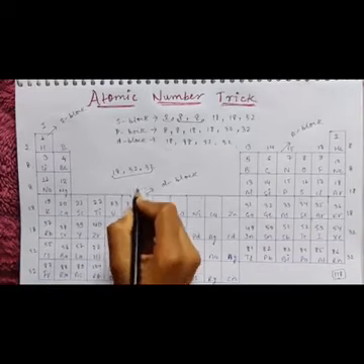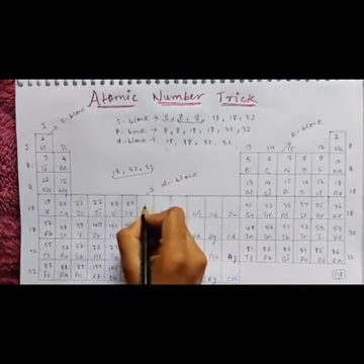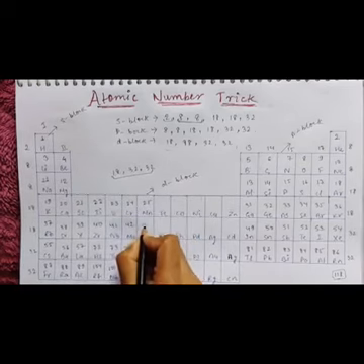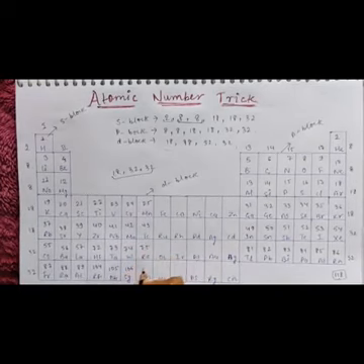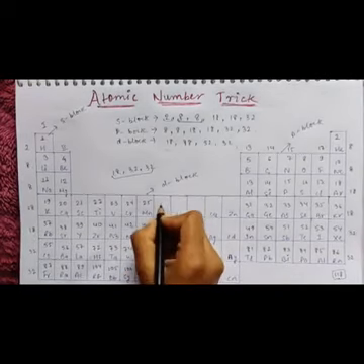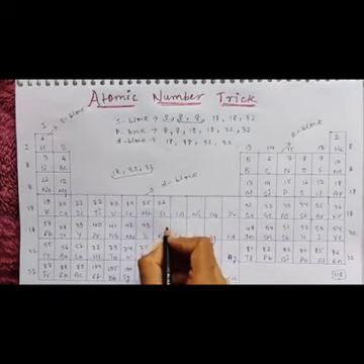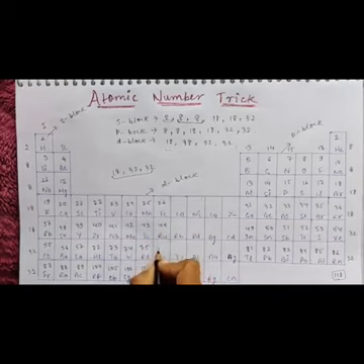And D block elements start from 3B. Don't confuse here. P block elements are the 3A, starting from 3A to 8A. But D block elements are 3B, 4B, 5B, 6B, 7B, 8B. In the 8B there are 3 columns.